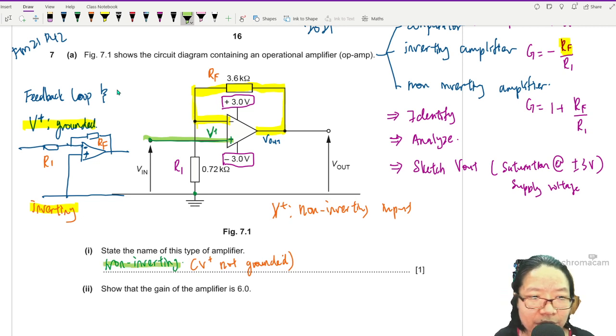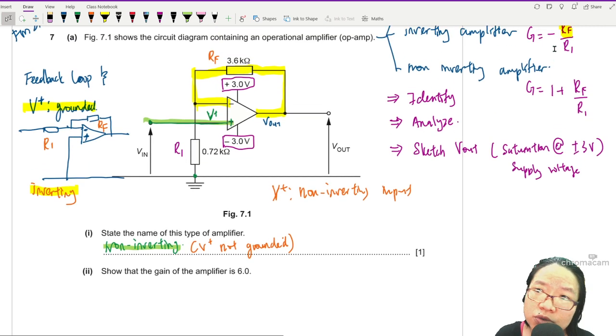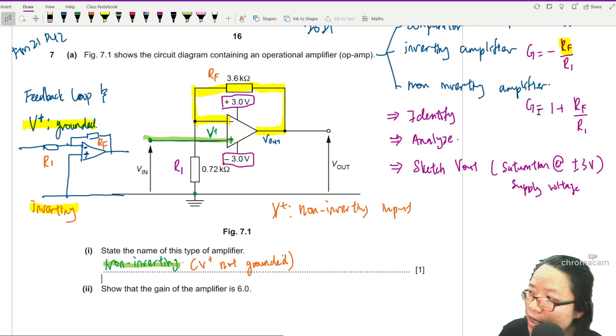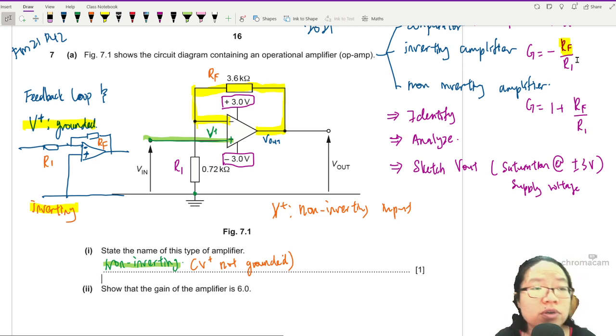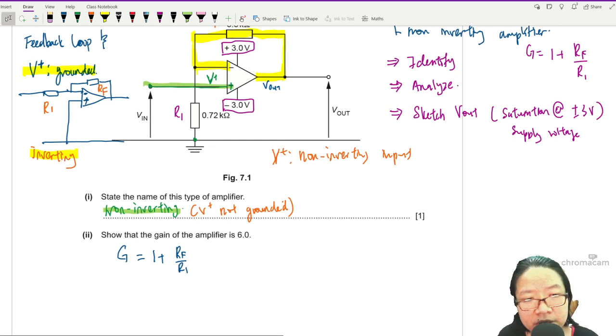So if it's non-inverting, part 2, show that the gain is 6. We can use this equation. If you want to know where these equations are from, we have also recorded a proof. You can find it in the playlist if you have time to study this. If not, for exam purposes, you memorize first. So gain is equal to 1 plus RF over R1. You see the RF is here, the R1 is here.